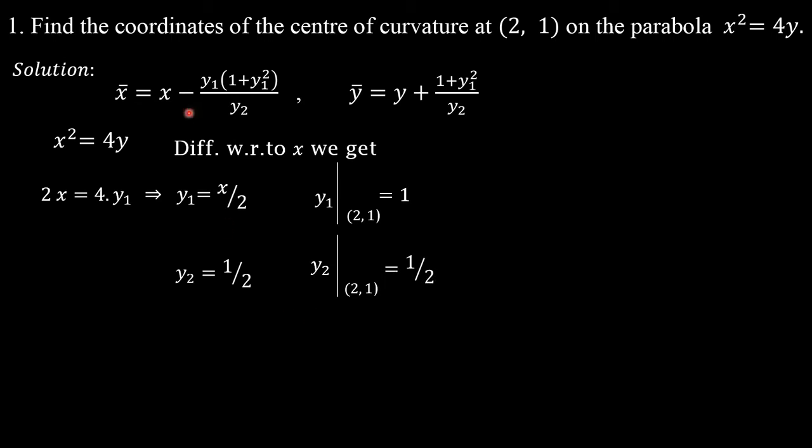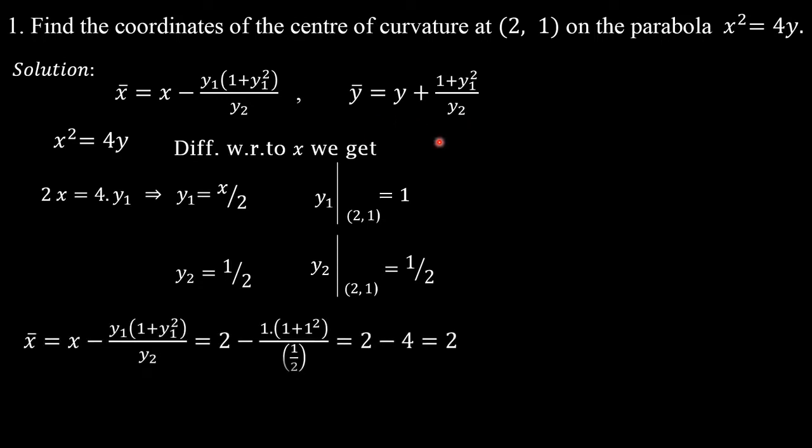Let me substitute the values of y1, y2 and the values of x and y in the above formula. The value of x over here is 2, since we need the center of curvature at the point (2, 1). So x bar = 2 minus 1 into (1 plus 1 square) divided by 1 by 2. Just simplify it, students, and you get the value of x bar to be 2.